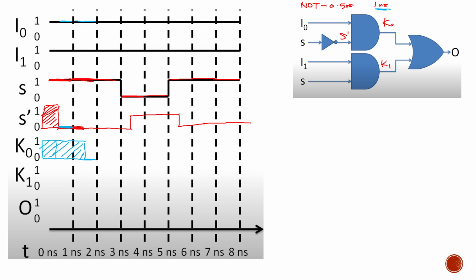If we consider this portion of the signal high and this portion low, high and low, you AND those together, you still produce low. And how long does that signal remain low? We are only considering one segment of 1 nanosecond, so it's going to stay low for 1 nanosecond.